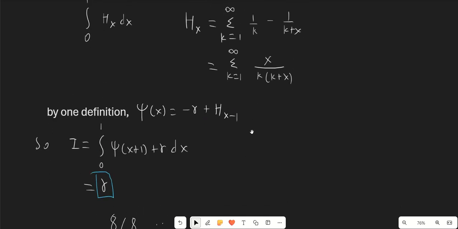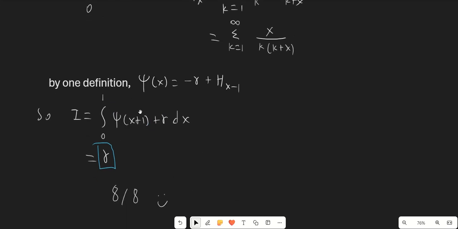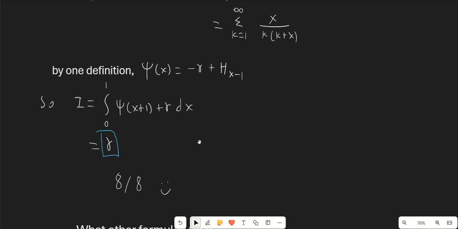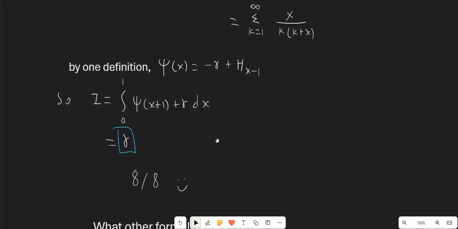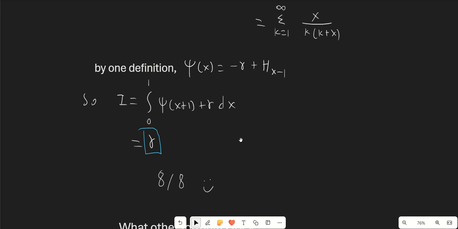So what this means is that h sub x is just equal to digamma of x plus 1 plus gamma. So when we integrate from 0 to 1, we already did this one before, and this is just going to be gamma. And that is all 8 representations on Wikipedia for the Euler-Mascheroni constant.